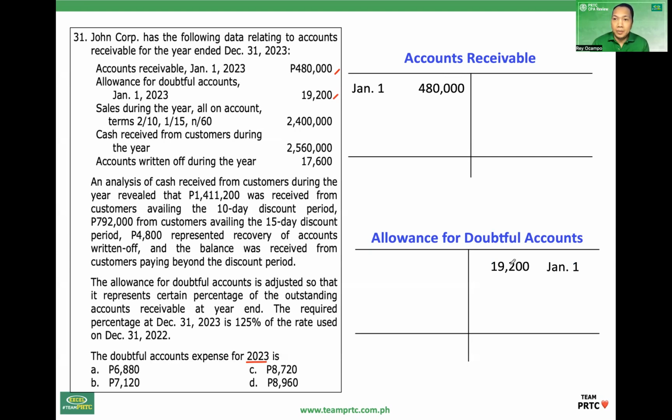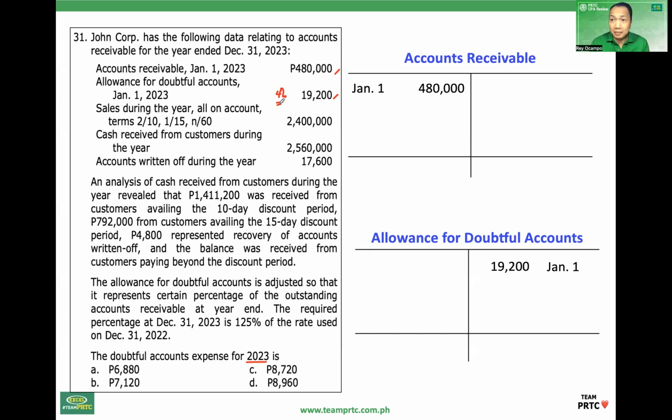The company uses percent of AR method. So, 19,200 divide mo ng 480,000. So, the rate is, lagyan mo ng note, 4%. So, yun ang rate na ginamit as of December 31, 4%.